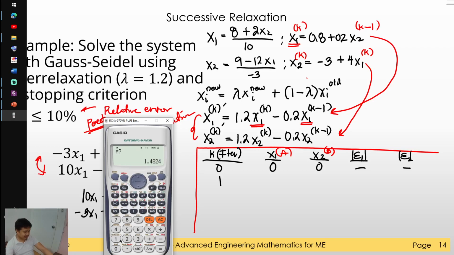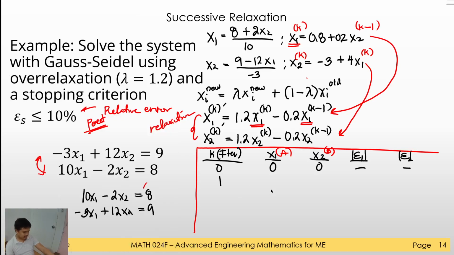The current approximation is 0.8, and C here is 0. So we have here 0.96. So the answer is 0.96 for the first approximation of x sub 1. Let me just check this. Okay, we're correct.